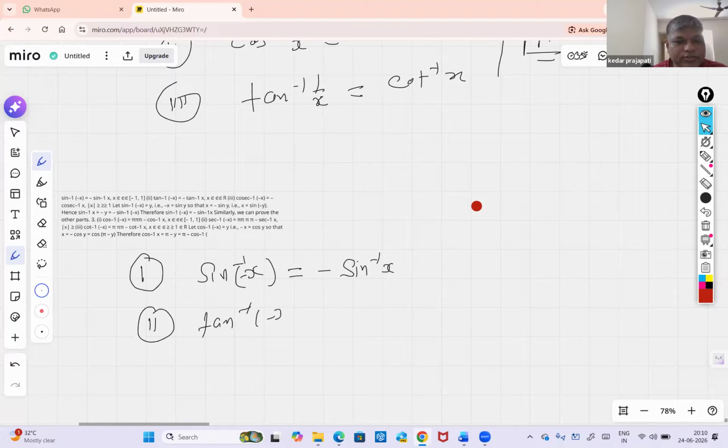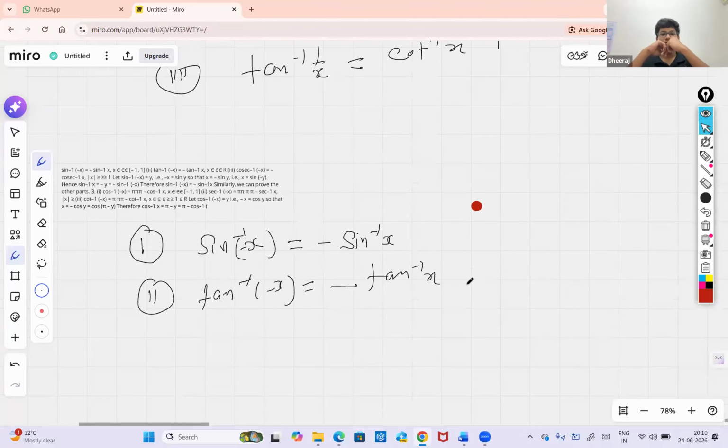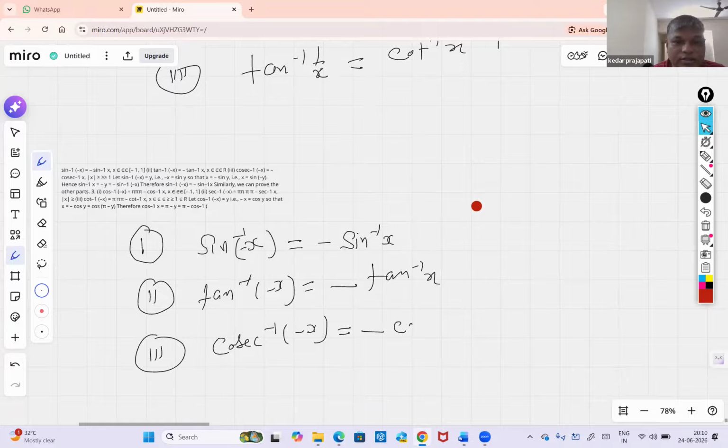Tan inverse minus x is equal to minus tan inverse x. And third one is cosec inverse minus x equal to minus cosec inverse x, right? So here is the difference, right?